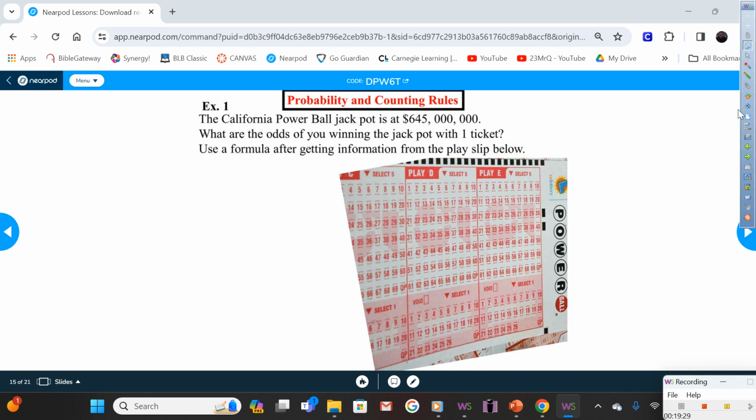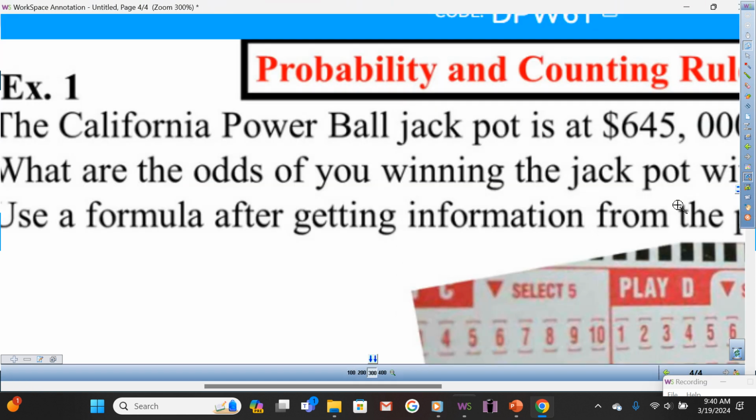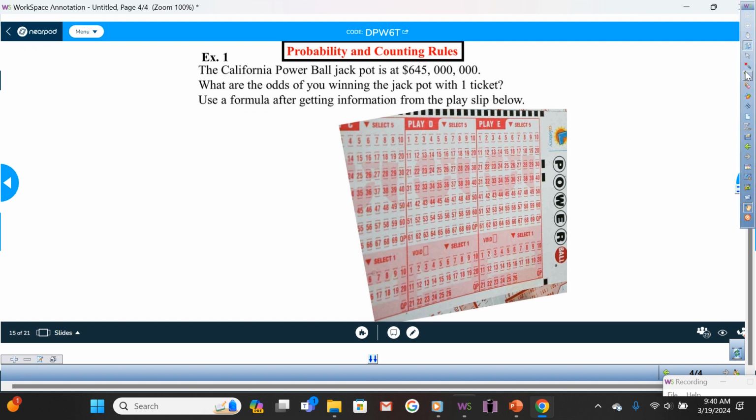All right. Let's do the first part. For selecting the first 5, what formula are you going to use?